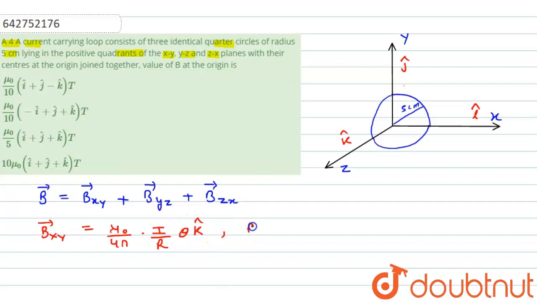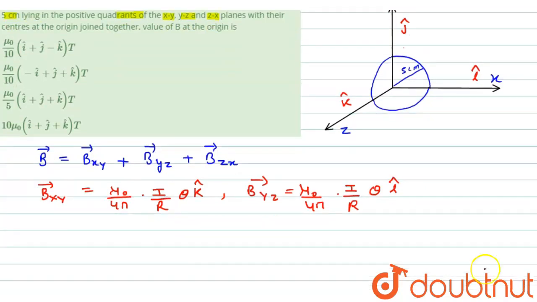Similarly B_yz will be equal to mu naught divided by 4 pi, I by r, theta, and for yz we write i cap. Similarly B_zx will be equal to mu naught divided by 4 pi, I by r, theta, and for this it will be j cap.